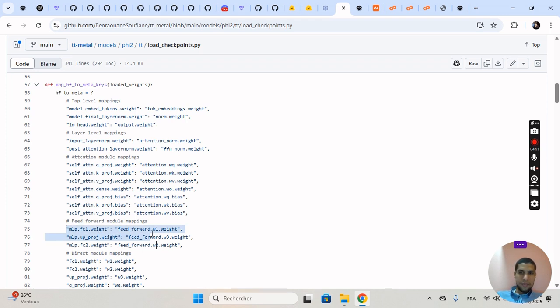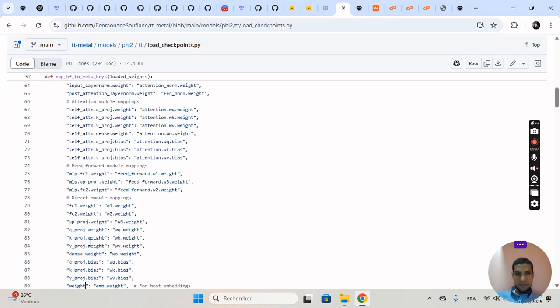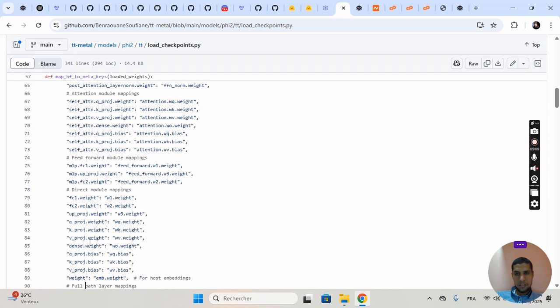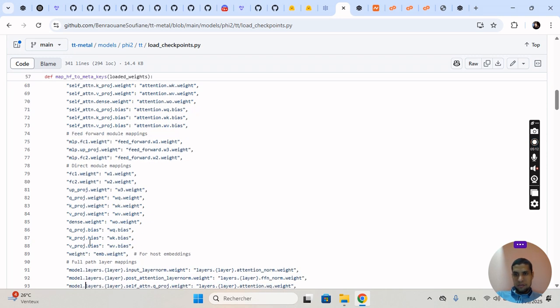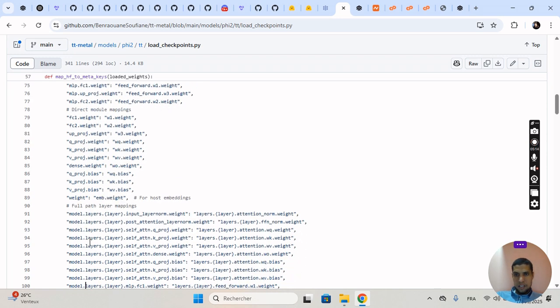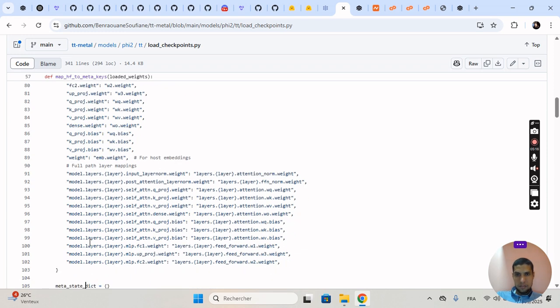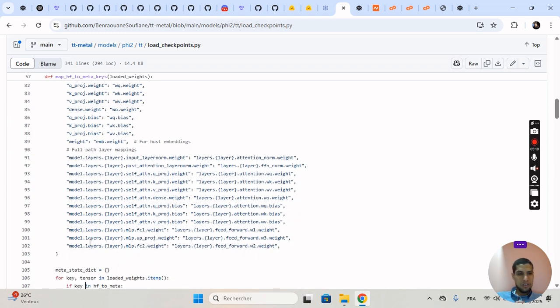Phi 2 has only two layers, FC1 and FC2, the equivalent of up and down, I think. I replaced these parameters, and that's all concerning the safetensors parameters.